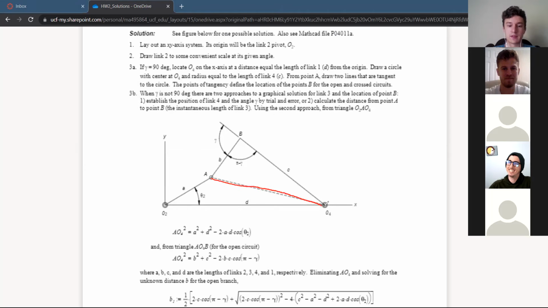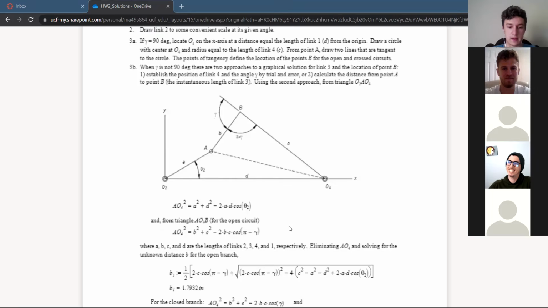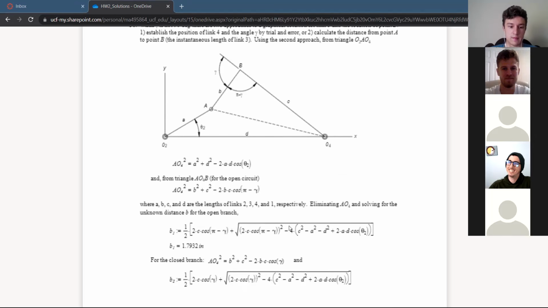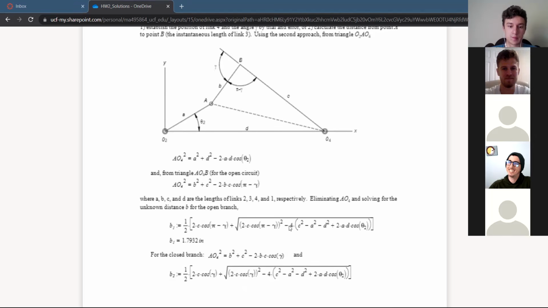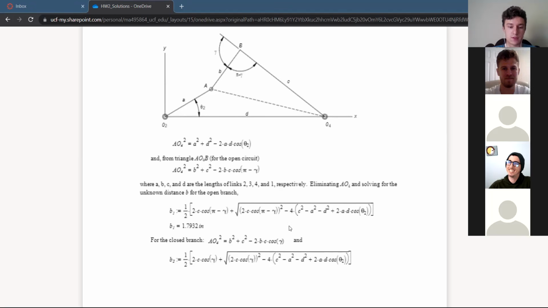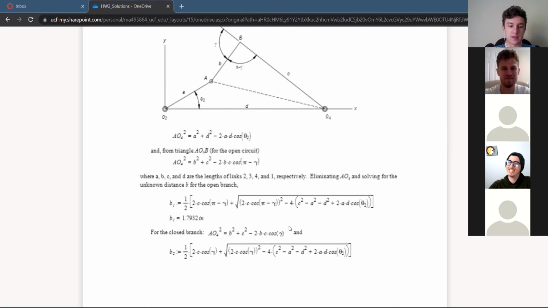They draw this line here and break it into 2 different triangles that share this red side, and then they do a system of equations to solve for everything here. So this is all just rearranging law of cosines.